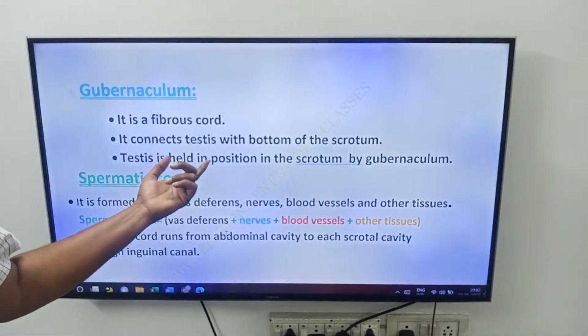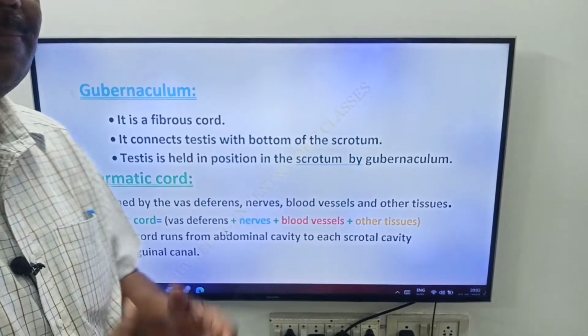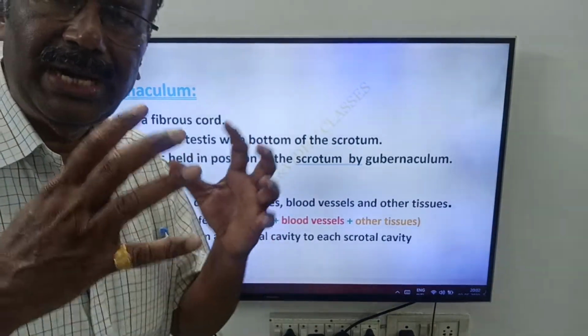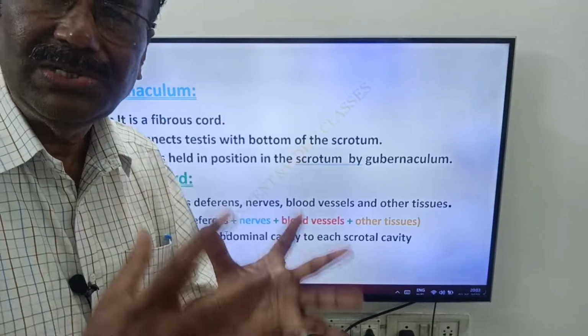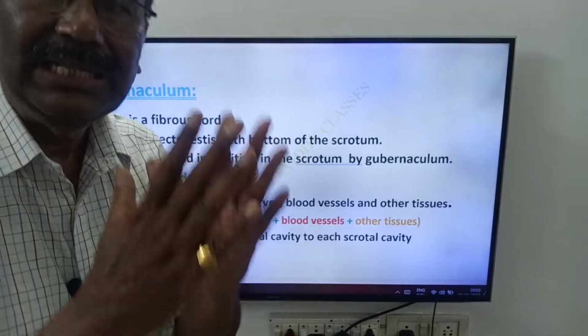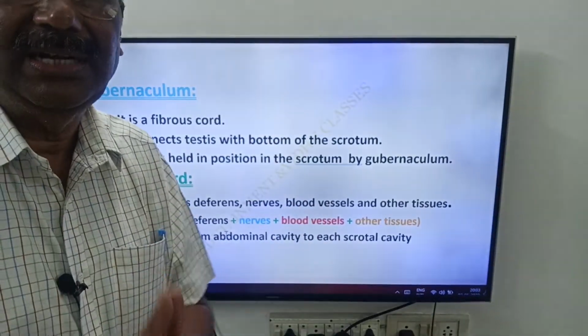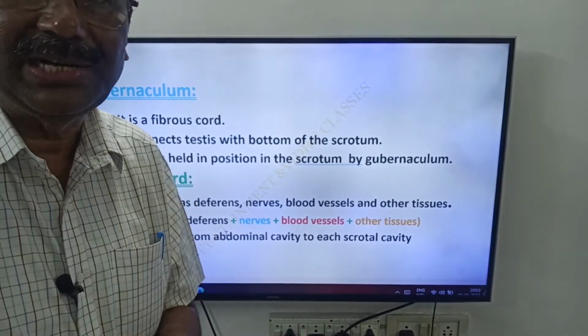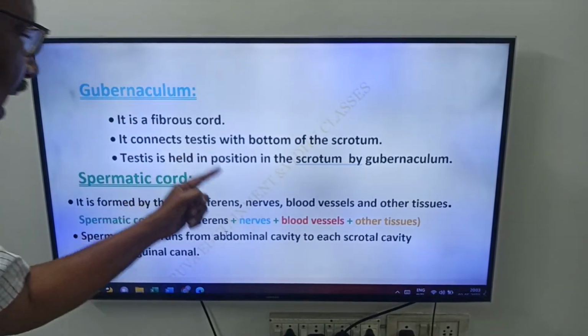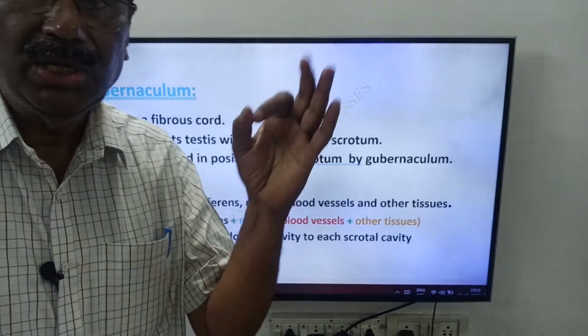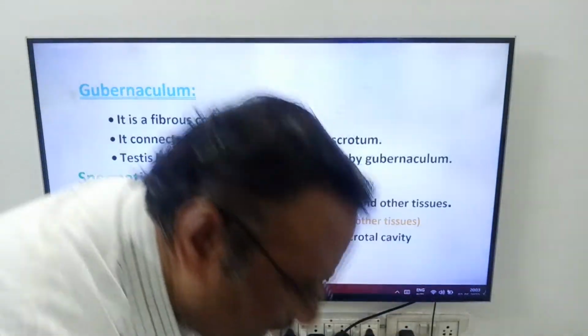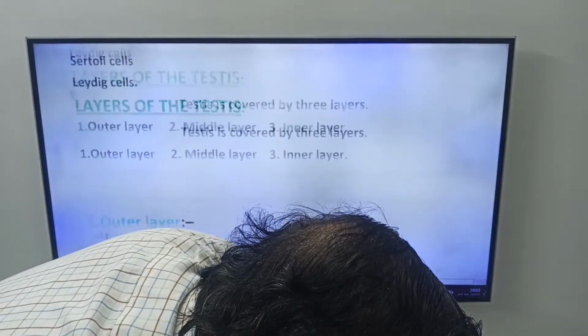The testis is held in position in the scrotum by the gubernaculum, which holds the testis in the testicular cavity in a fixed position. Once you see the image, you will get an idea.